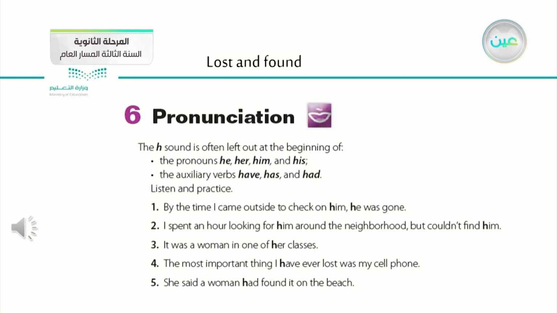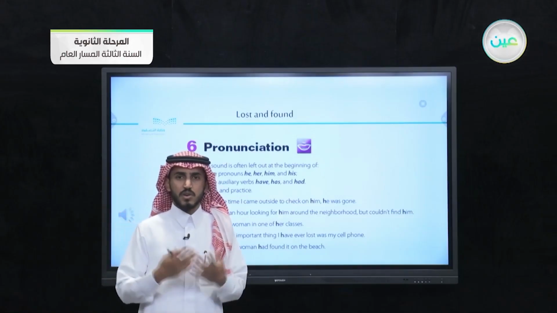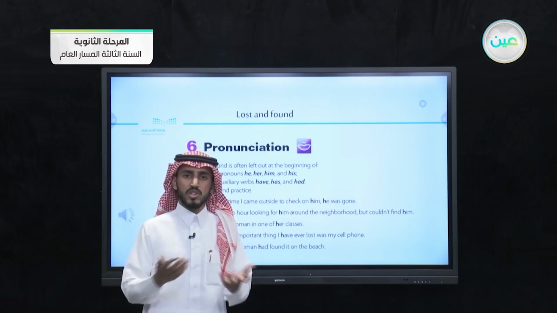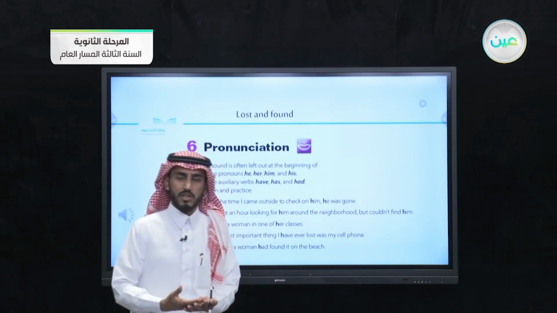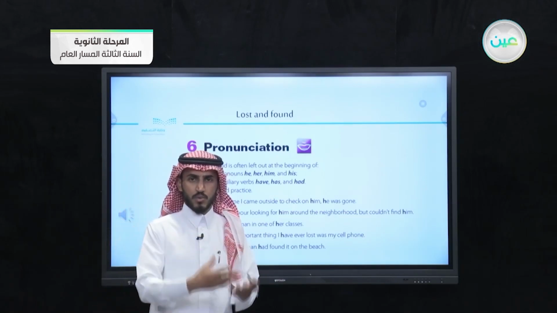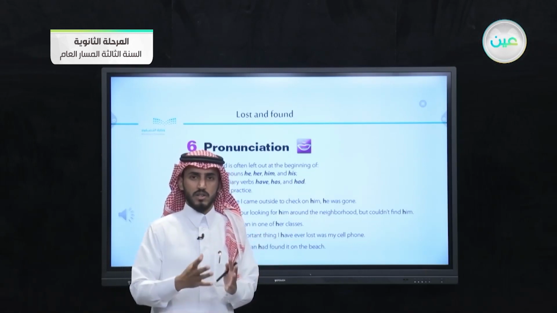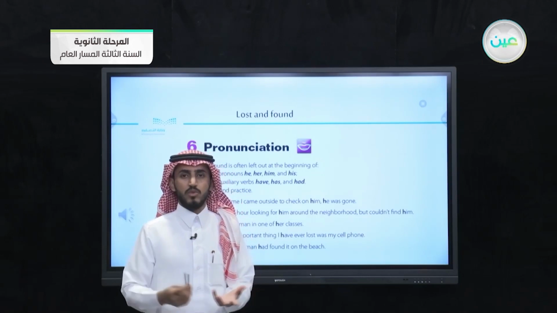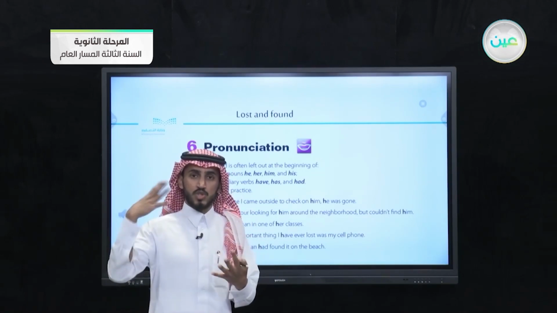Before we start talking about the technique that we are going to learn today, let's ask ourselves a question. Why do we study pronunciation? Or what is the meaning of pronunciation? Pronunciation means the way we say or the way we utter a word. The way we say a word is called pronunciation. So why do we study pronunciation? We study it to be able to understand what we hear.